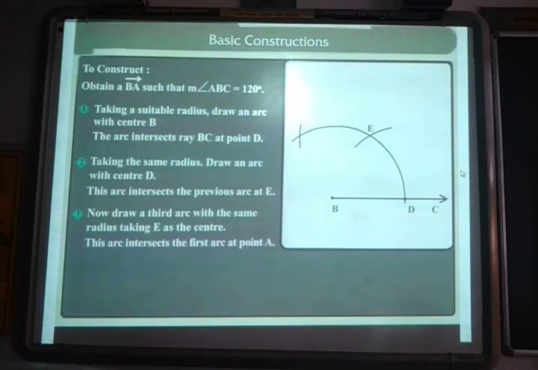This arc intersects the first arc at point A. Produce ray BA. Hence, the obtained angle ABC is the required angle of measure 120 degrees.